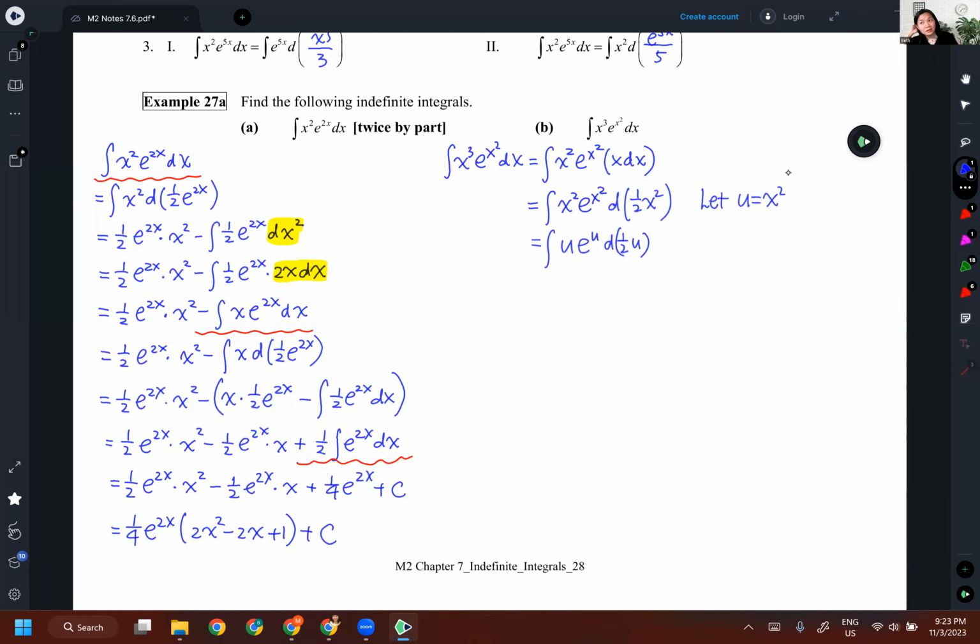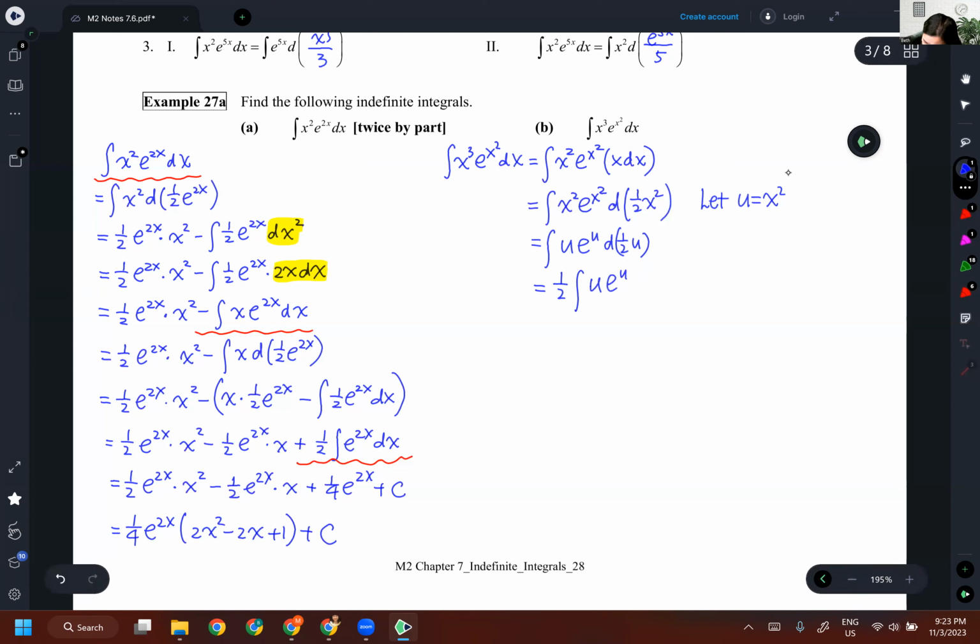It's less writing. Is that okay? And then this is 1/2 u d e to the u. Integration by parts.